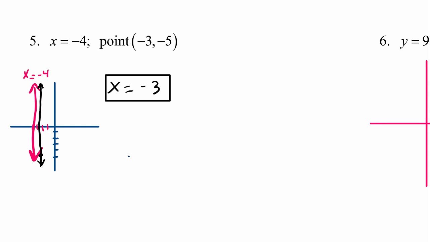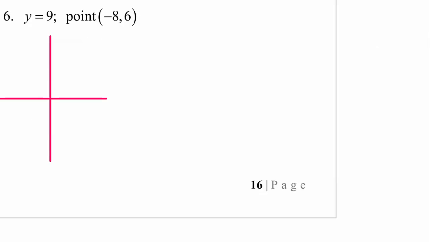Okay, one more to do here, which is our horizontal line. This time around we have the horizontal line y equals 9 as our given line, and our point is -8, 6. So let's draw the horizontal line. Let's think that this is a 9, and so y equals 9 will be this horizontal line. It goes through 0, 9. And then our point -8, 6 would be over here, right there, -8, 6.